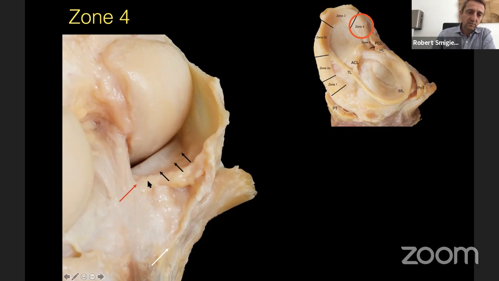This is the synovial membrane. This is the capsule with the white arrow and the red arrow, and the black arrows. There is the lower border attachment area to the tibia. And what is also very important, this is the area where you can get the ramp lesion.